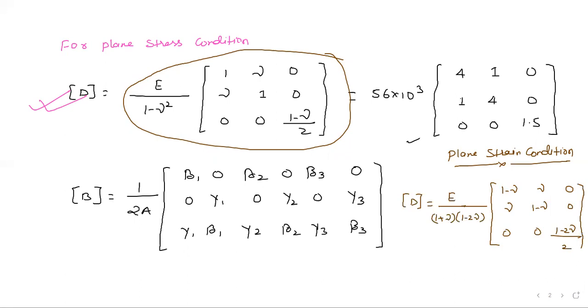That's it. In place of the earlier one, we will use this for plane strain condition. Except this, nothing is going to change. The remaining things will be the same.